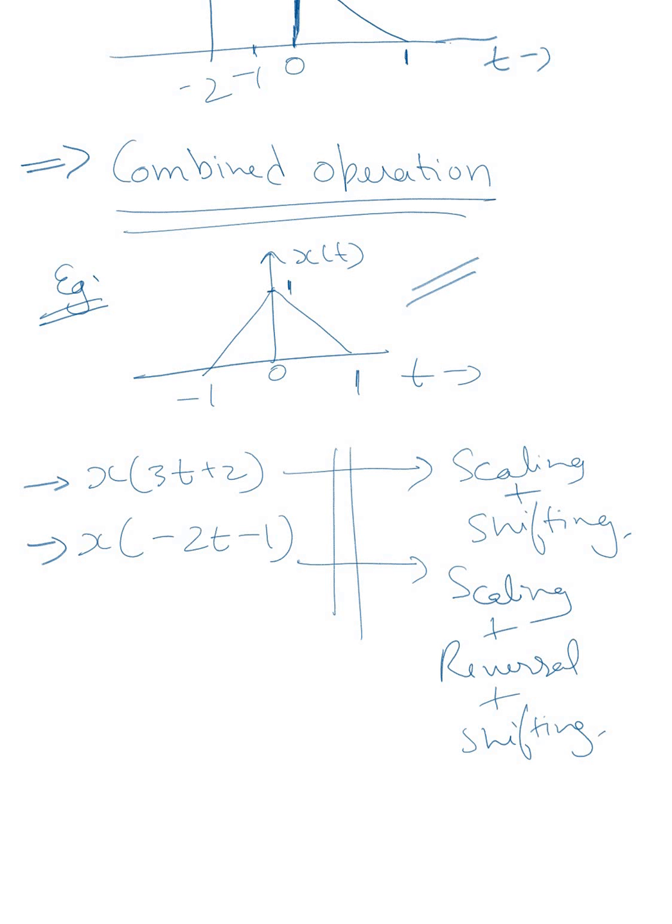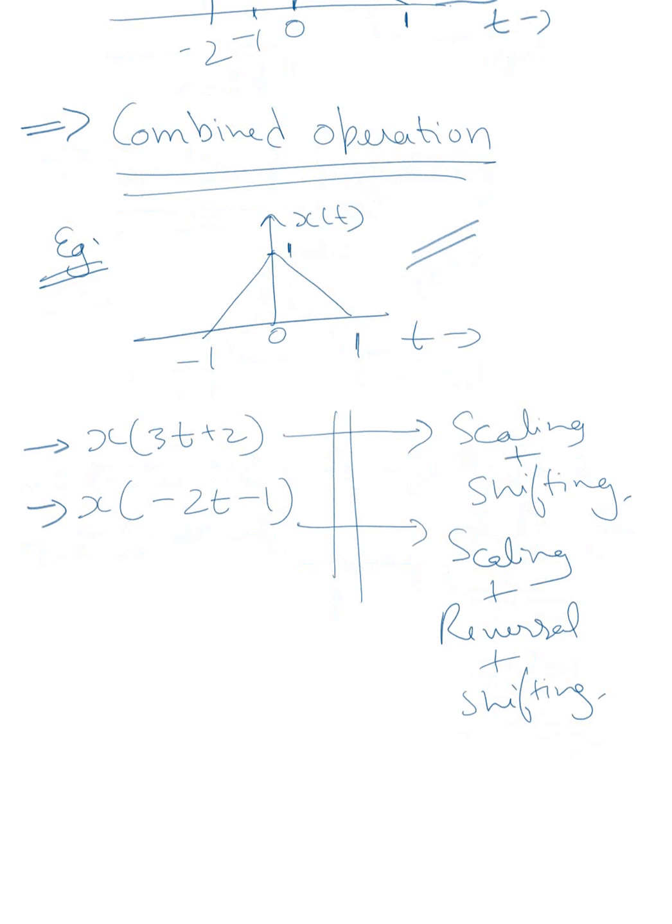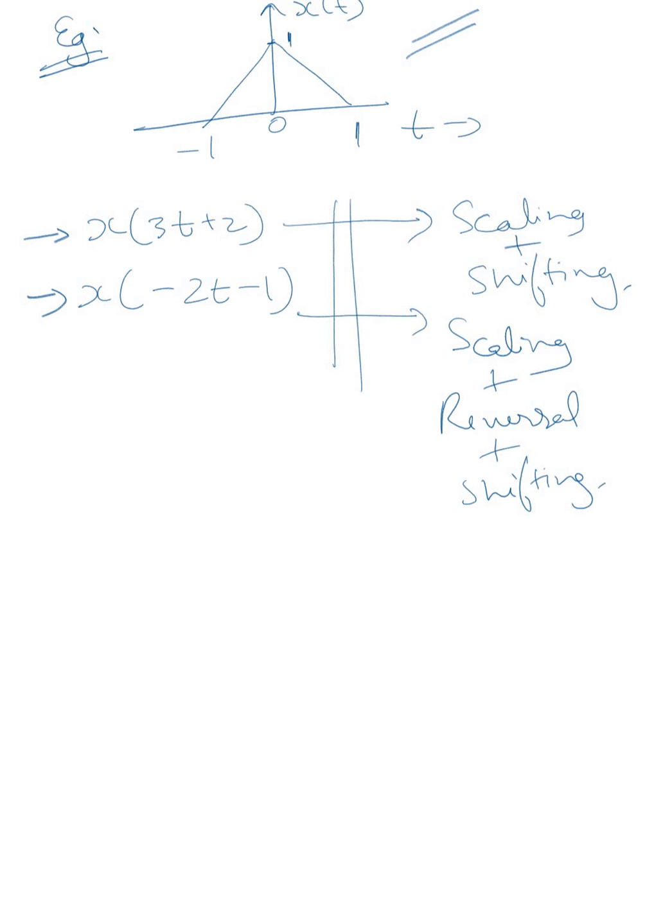Now let us see how we analyze the combined operations. Let us first take the case of x of 3t plus 2. Whenever you get any combined operation problem, there are two ways to implement it. The first one, and the most convenient and easy way, is we start from the right end and look at all the transformations available.